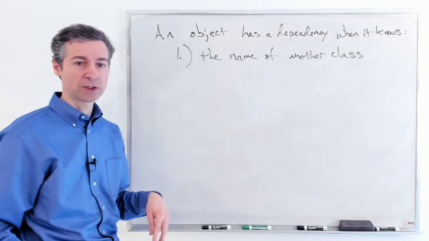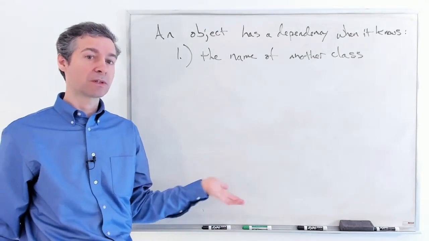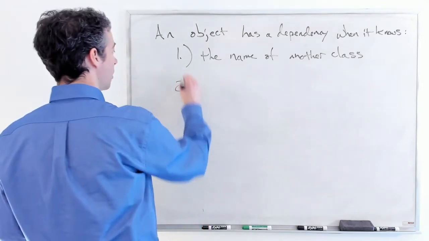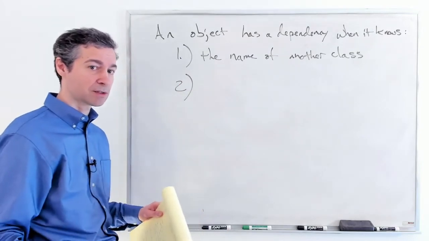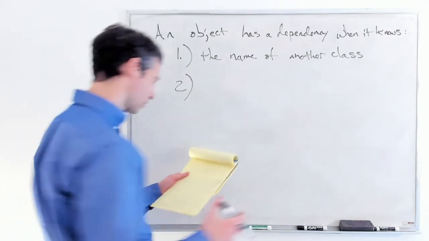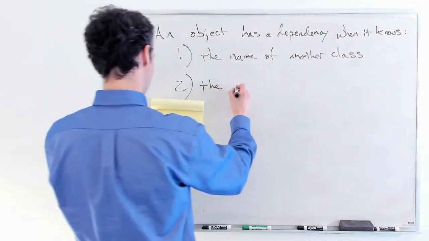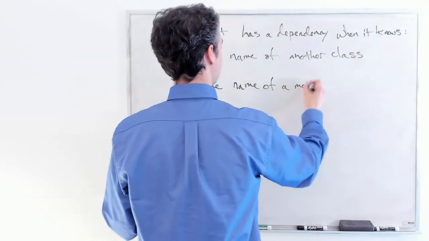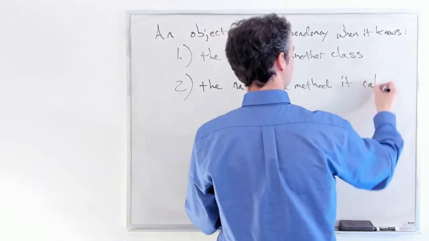The rewritten version has no idea that there is such a thing as a Date class. Now, in the rewritten one, though, there are still some dependencies. For example, it knows the name of a method it calls.